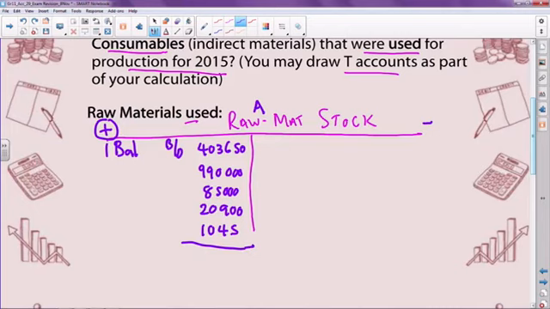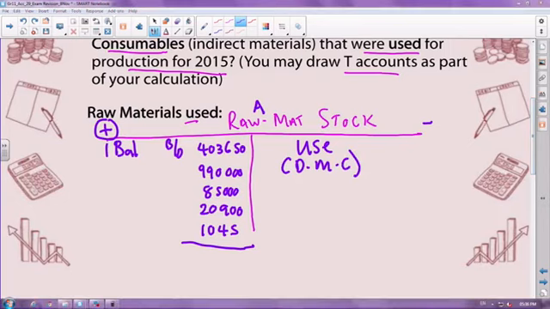I now need to calculate from what I have available, how much did I use? In other words, what is my direct material cost? Remember, that means the amount of raw materials we used.